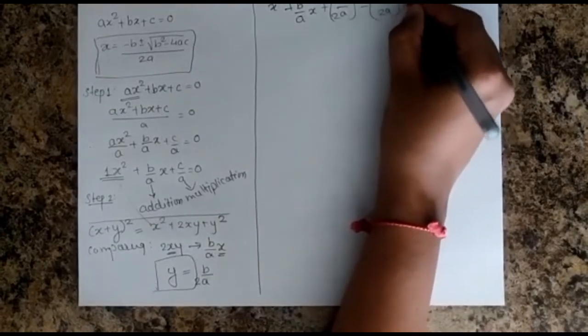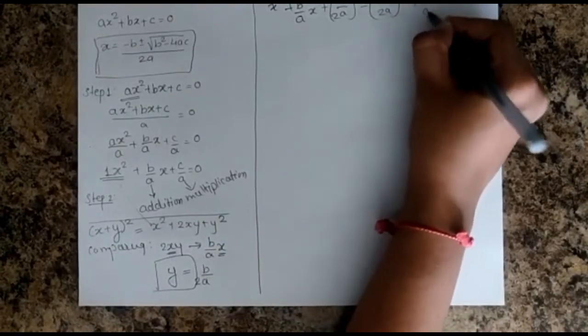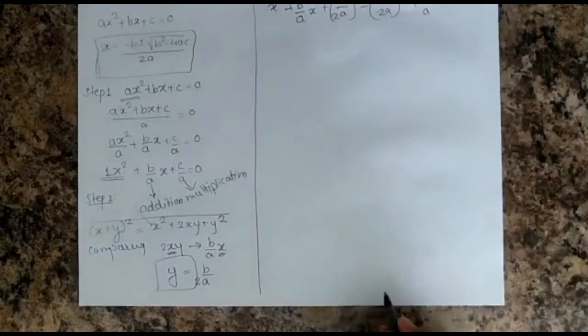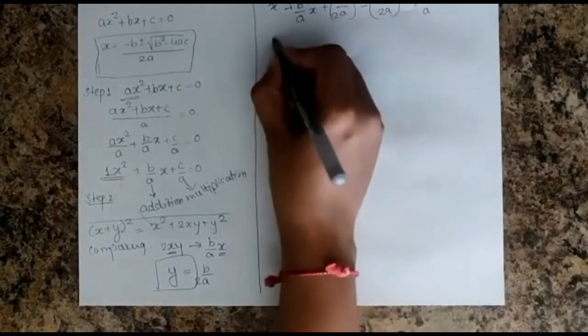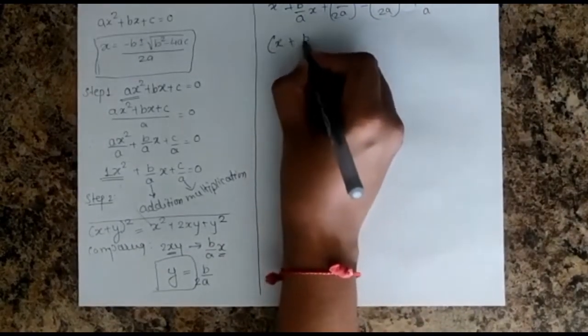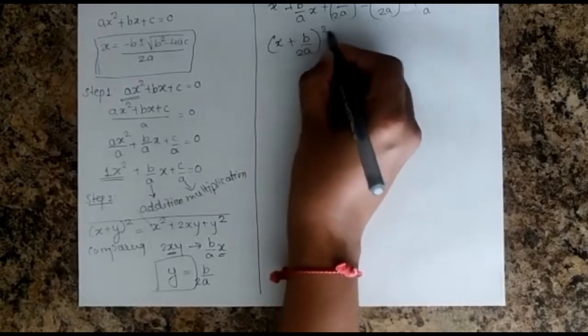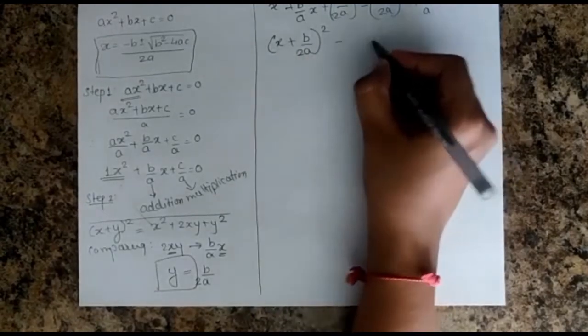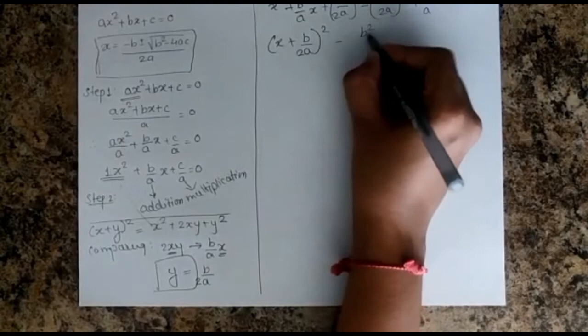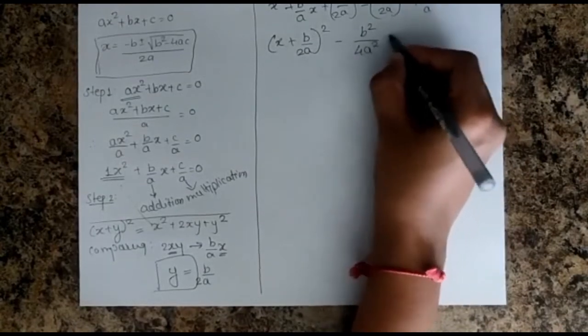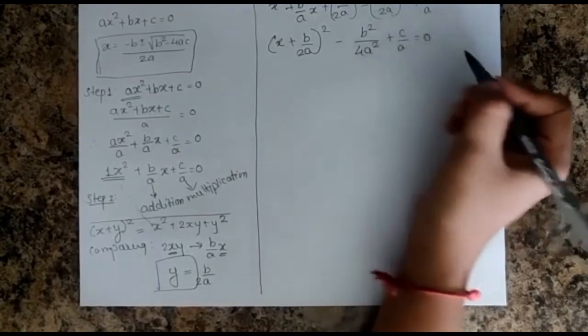Once we get this equation, we know, right, this is x plus y bracket square. So first term plus b upon 2a bracket square minus, what is the value of this? B square upon 4a square plus c upon a equal to 0. So we need to find the value of x.